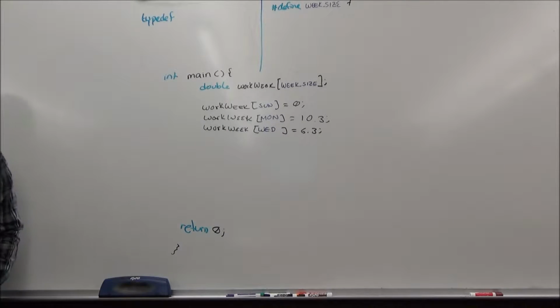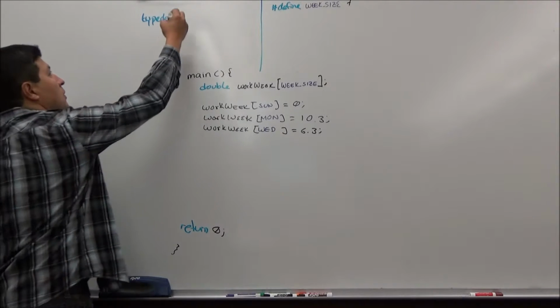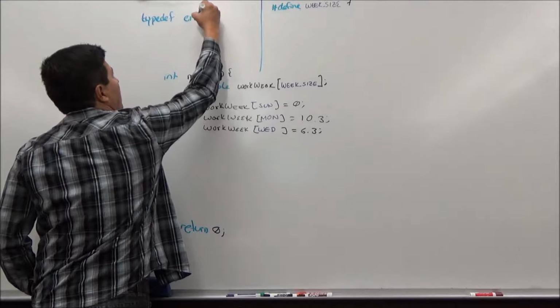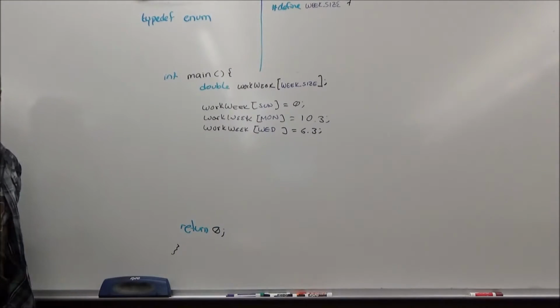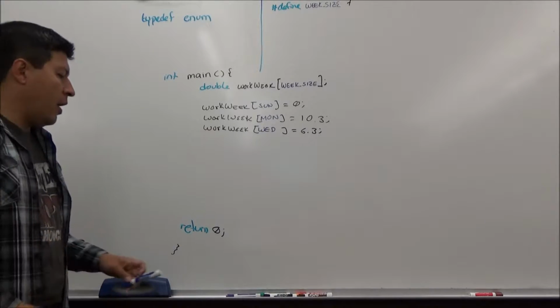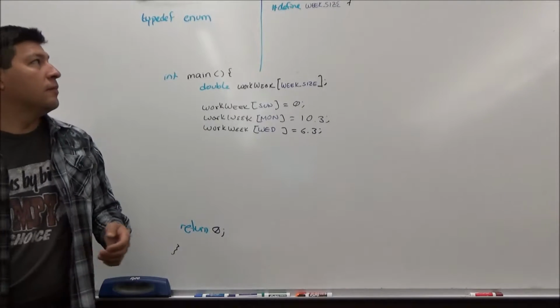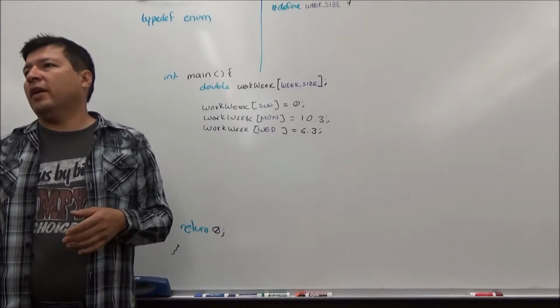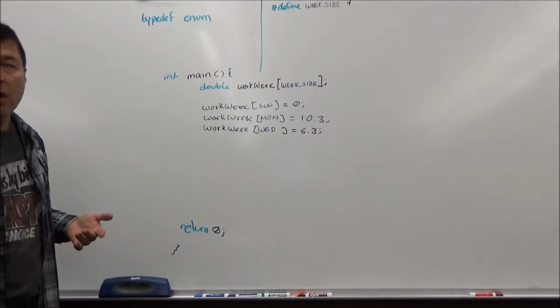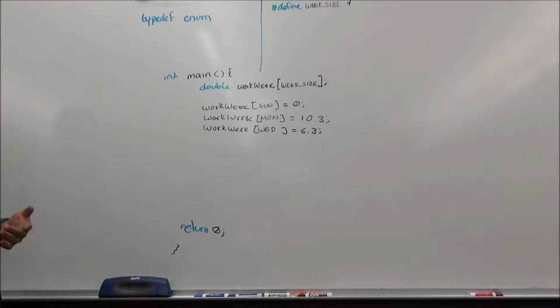Well, I want to have some sort of array of integers. I want to name them whatever I want. So I'm going to call this an enumerator. It's called enum. An enumerator basically says you don't have to do all those defines. Actually, it doesn't become a macro, it becomes an array.